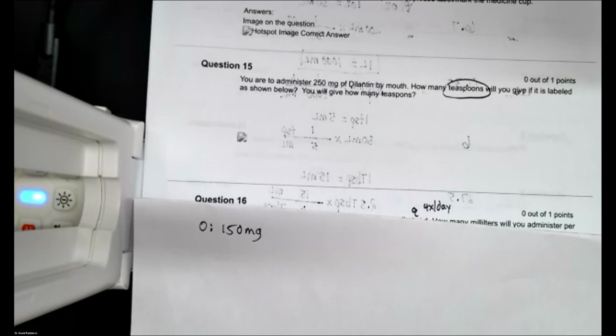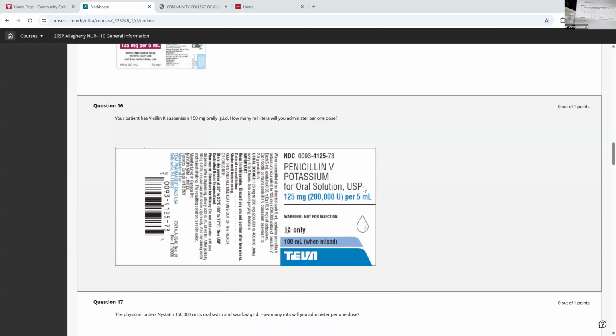I need to go back to the Blackboard to share what the available is. Now this available is kind of crazy. There's quite a few things on here that can get really confusing real quick.